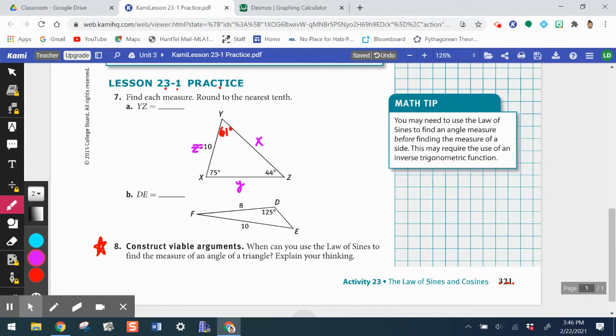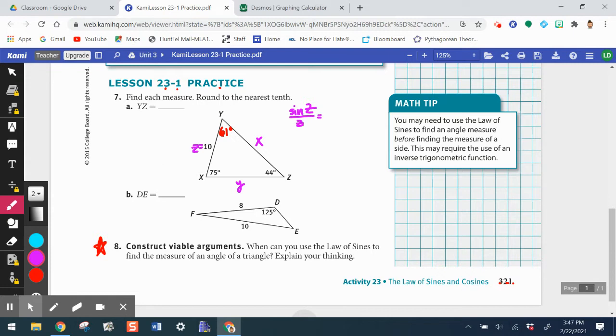Now, this is one thing we need to really be studying here: which ratios to use. We're definitely going to use vertex z and its opposite side because we have that complete ratio. We have the angle measure of z, and we have the length of its opposite side. So we're definitely going to use the sine of z over lowercase z.